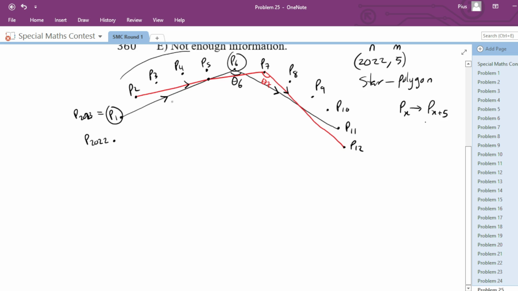Let's call each of these lines Lx. For example, this will be L1, the red one here will be L2, and we continue like that. This other black one, from P6, will be L6, and then L7, and so on. The slope changes gradually because we know they intersect, so there's some small angle at each of these points, and it keeps changing gradually.